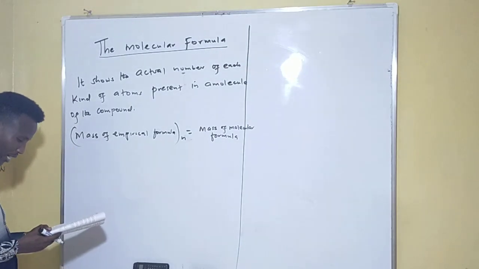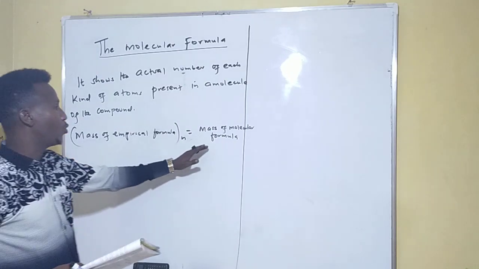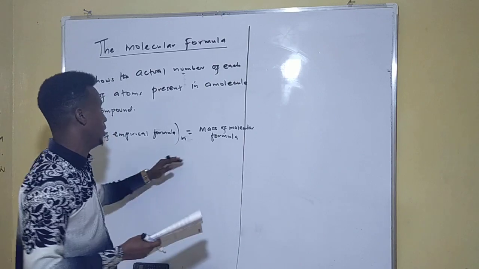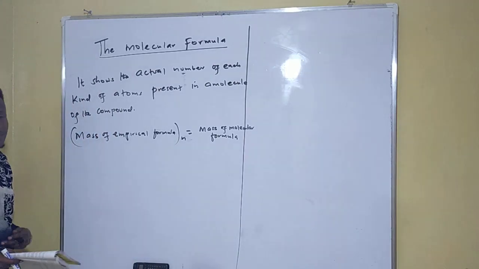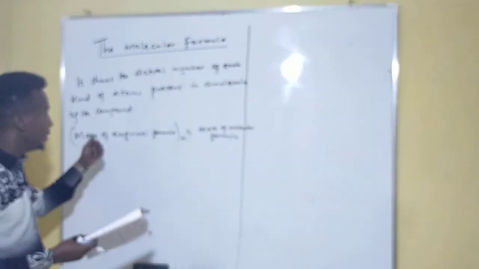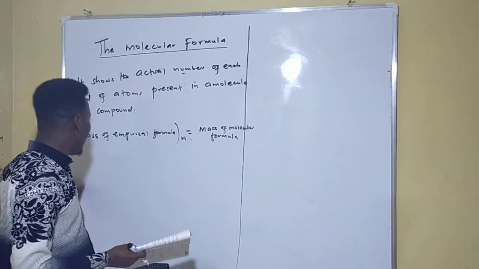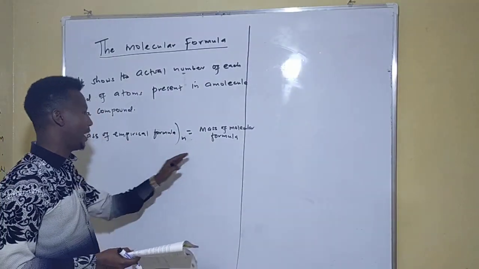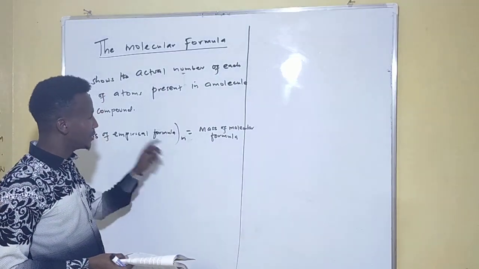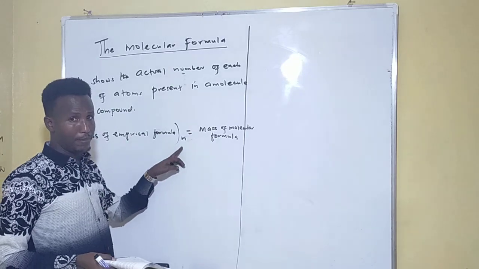Okay, don't forget that. So we can say the molecular formula is a multiple of the empirical formula from this equation. The mass of empirical formula in bracket n is equal to mass of molecular formula, where n, remember, is a whole number.